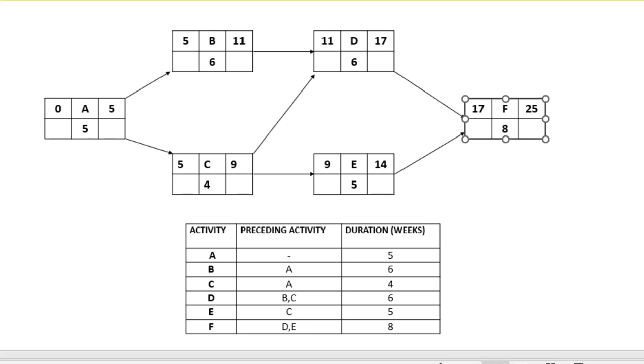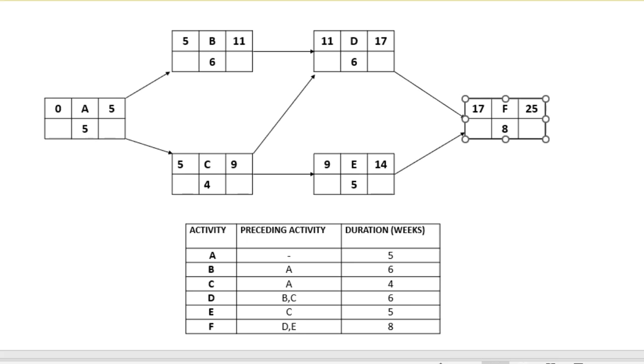Now let's see if we can find out what the latest finish time is for these activities. So we have left to calculate the latest finish time and the latest start time. So this section here is the latest finish time, and remember this one is the latest start time.